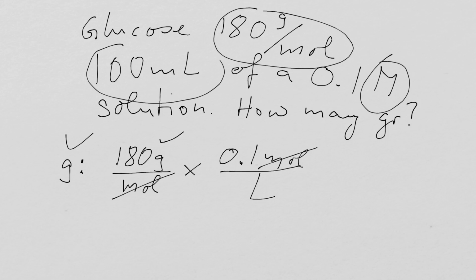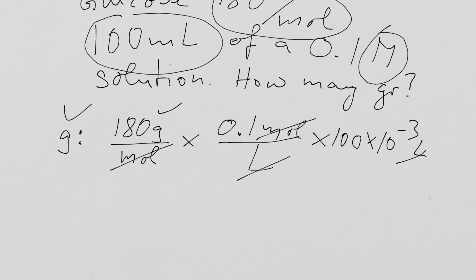We have it here, times 100 times 10 to the minus 3 liter. 10 to the minus 3 is milli again. What happens to the liter? Cancels each other out. What have we got left in terms of units? We have grams. What do we want? Grams. So hunky-dory.